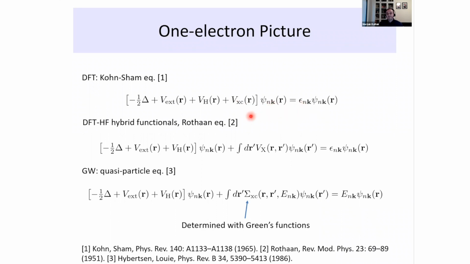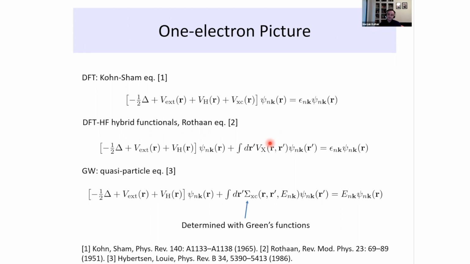This is important because if you consider hybrid functionals, like for instance HSE, you replace this local potential by a function that is non-local in nature. So it depends now on two space coordinates. This increases computational complexity, of course.